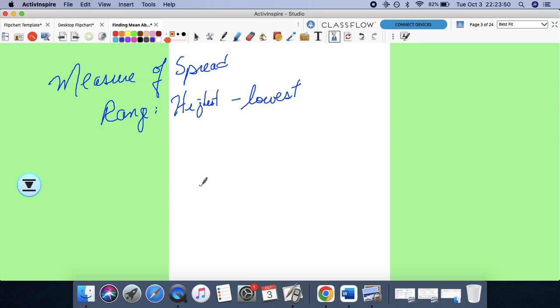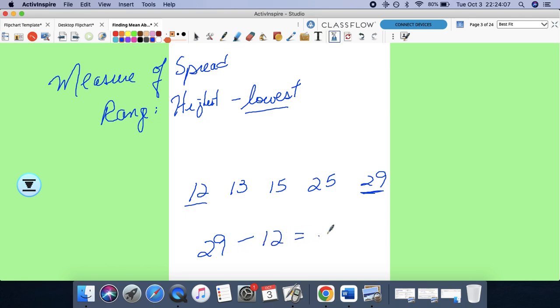And for example, let's say you had 12, 13, 15, 25, 29. Who's the highest number? The highest number is 29. And then who's the lowest number? The lowest number is 12. So the range is 29 minus 12, which is 17. So that's what we talked about, right?